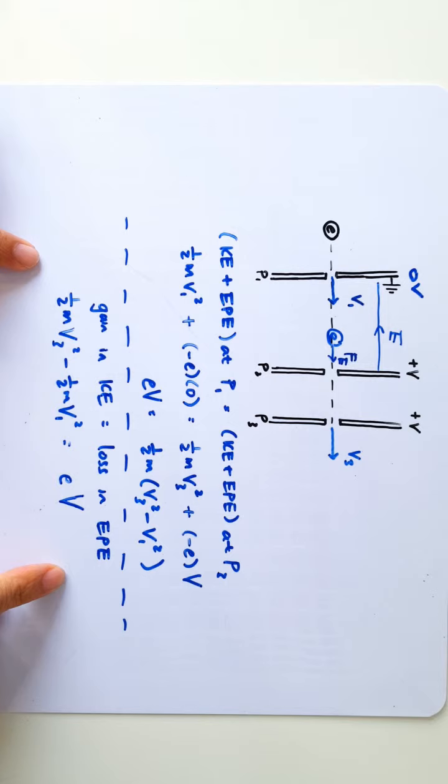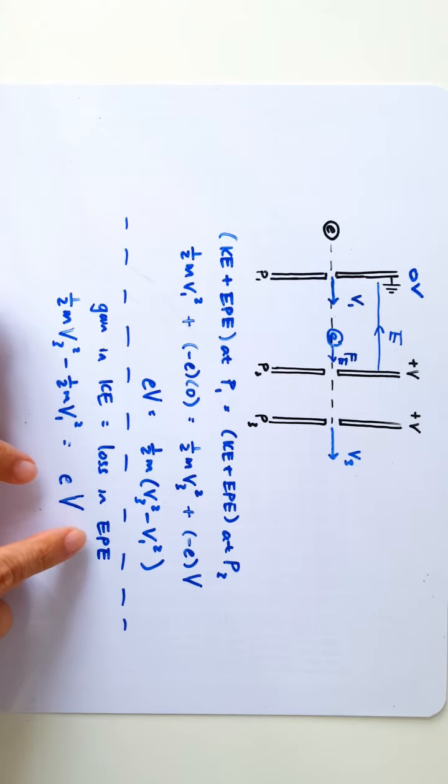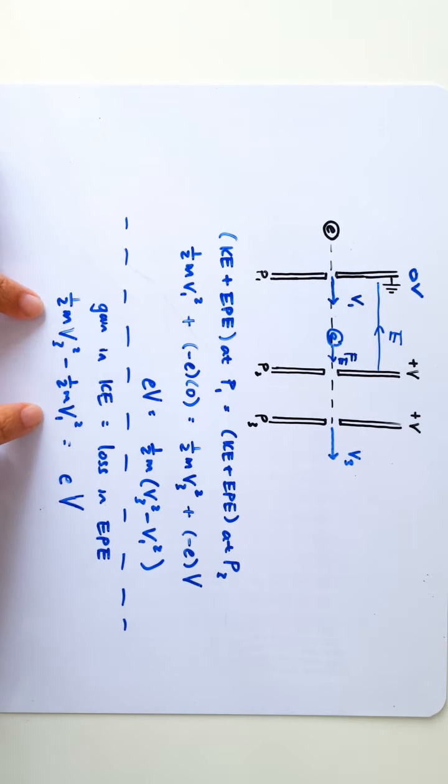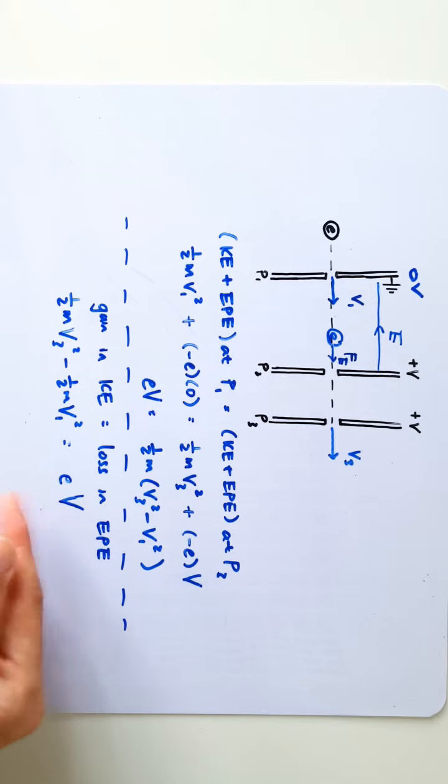If you are doing it the second way, then you got to make sure both sides are a positive number. So for the loss in EPE, I'm just going to put all the positive numbers here. I'll just strip away all the negative signs. But for this one, you got to be careful. You got to arrange the numbers such that it's a positive number. There are pros and cons in either method, so you choose the one that you like.